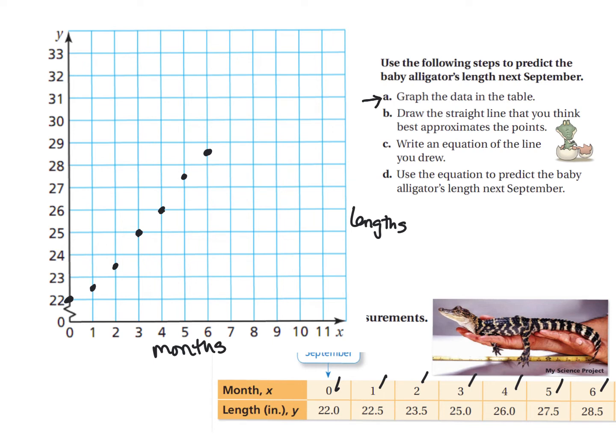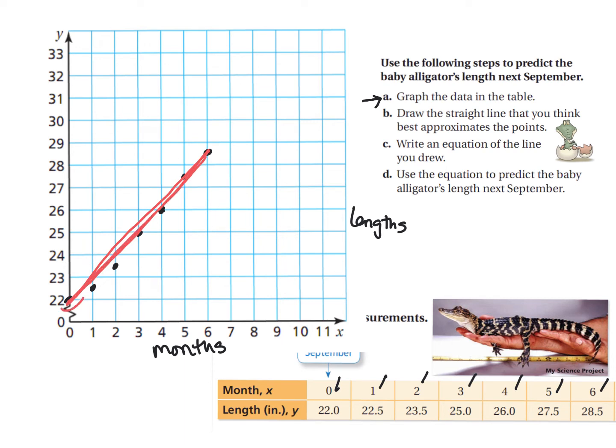We graphed our data. Now we're going to draw a straight line. I want to go with about half of the data below the line and half the data above the line. Now this is going to be tricky just because it's all fairly close. And I'm not going to draw a perfectly straight line. But if we draw a line somewhere in here, a little bit better.